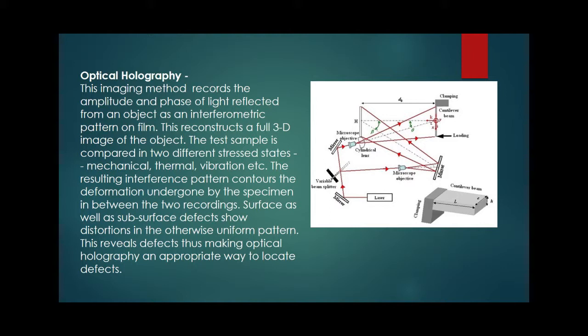So the test sample is compared in two different stress states, which can be mechanical, thermal, vibrational, or sound. The resulting interference patterns contour the deformation undergone by the specimen in between the two recordings.